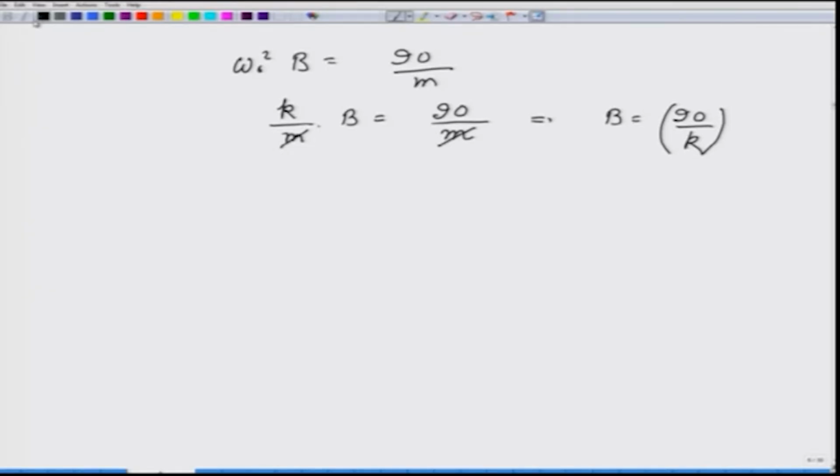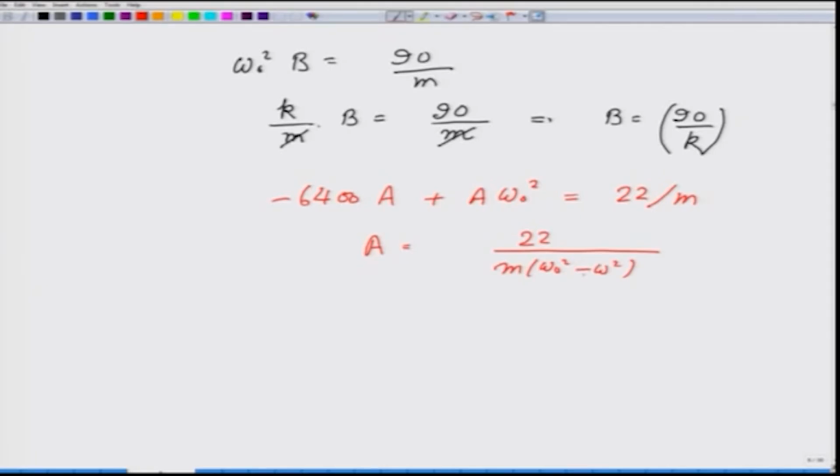And similarly, from the other equation I get minus 6400 A plus A omega 0 square is equal to, on the right hand side I have 22 sine omega t. So, this is the coefficient. So, I get A is equal to 22 over m, 22 over m omega 0 square minus omega square.